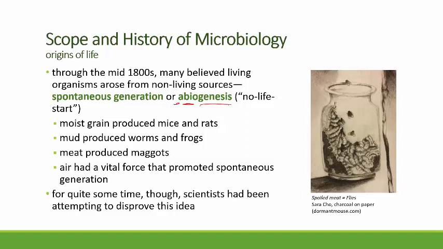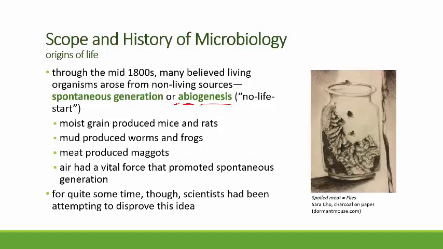So it was believed, for instance, that moist grain could produce mice and rats. Well, we know that mice and rats are going to be drawn to grain, and so of course there would be lots of mice and rats hanging around a bag of grain. Or that mud produced worms and frogs, and we know those are the habitats in which worms and frogs lived.